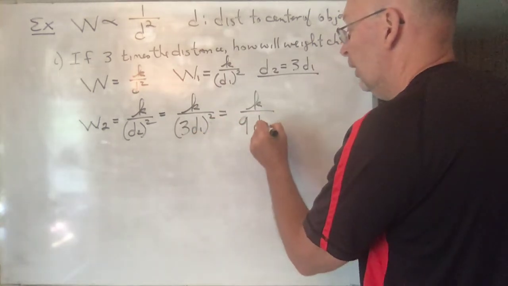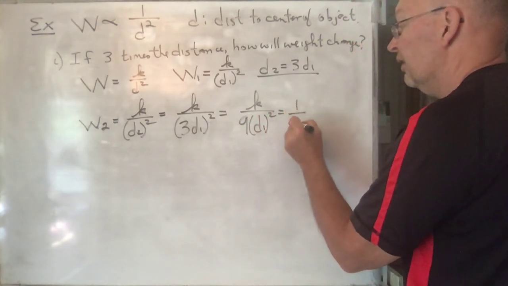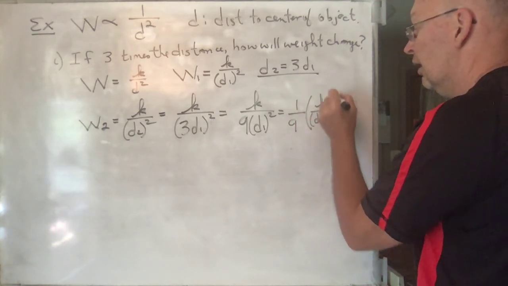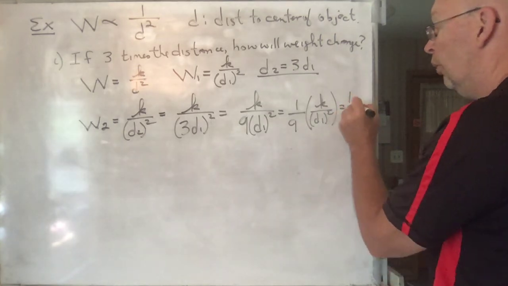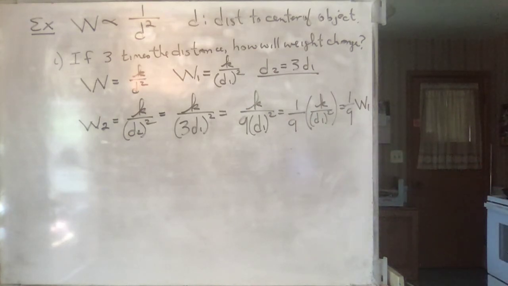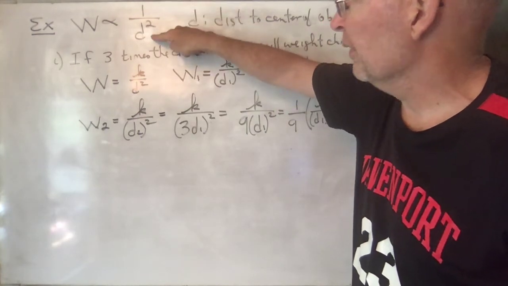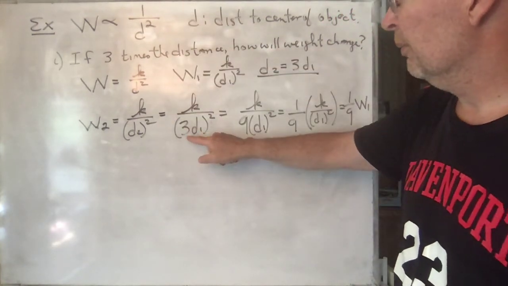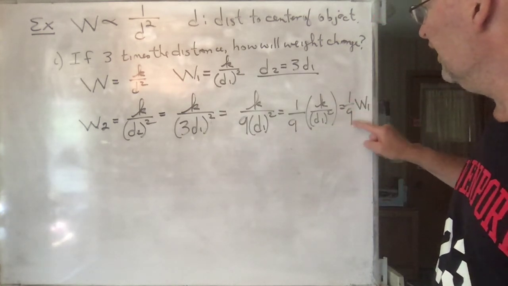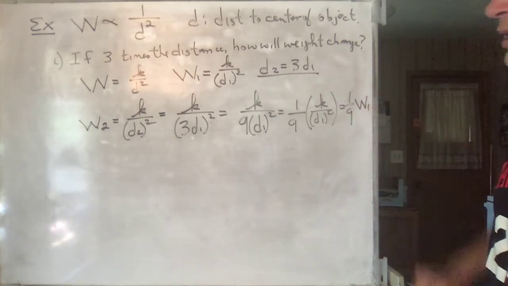And here you have d1 squared. So that's going to be 1/9 of k over d1 squared, which is equal to 1/9 of w1. Okay, so what's happening here? Since it's proportional to 1 over the square of the distance, if you make the distance 3 times as big, it's not just 1/3 the weight, it's 1/9 the weight. So first of all it's the reciprocal and also it's the square.